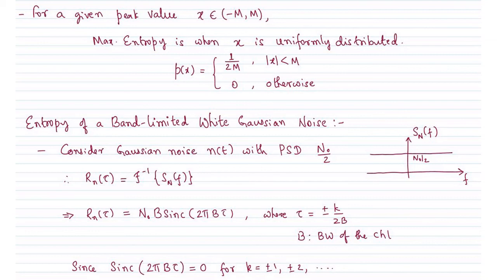Since n(t) is Gaussian, uncorrelated implies independence, so each of the samples of n(t) is independent of the others.